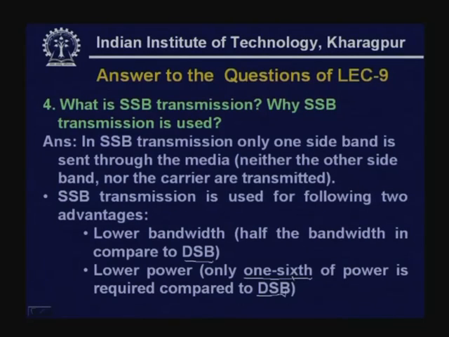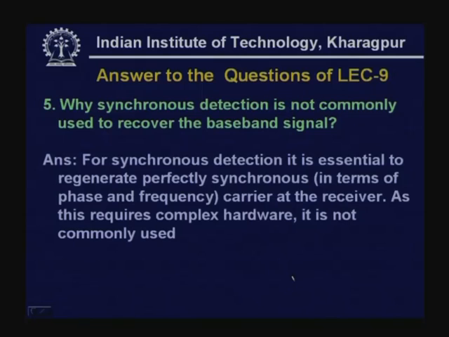Question number 5 was, why synchronous detection is not commonly used to recover the baseband signal? Answer is, for synchronous detection it is essential to regenerate a perfectly synchronous carrier at the receiving end, and it has to be perfectly synchronous in terms of phase and frequency, which is very difficult to do, and as this requires complex hardware, it is not commonly used.